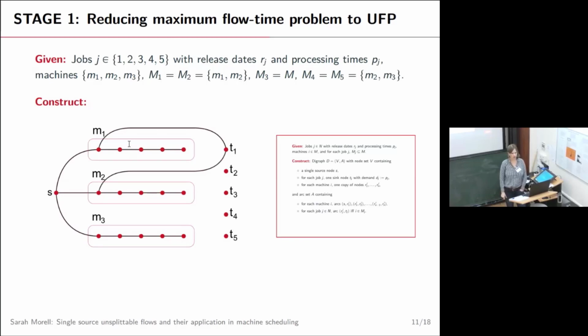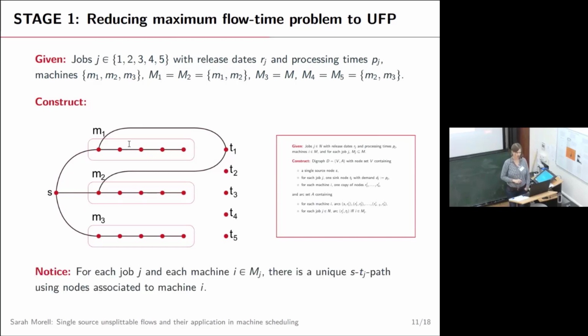And the last step is now to add the last set of arcs. So for each job, whenever a machine is in M_j, we add this arc from R_j to T_j. And of course, those are also directed. So we're done with the construction. We have a unique S-T_j path whenever a machine is in this machine set M_j.